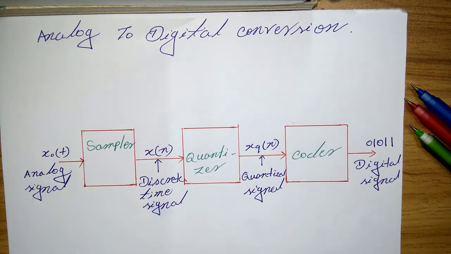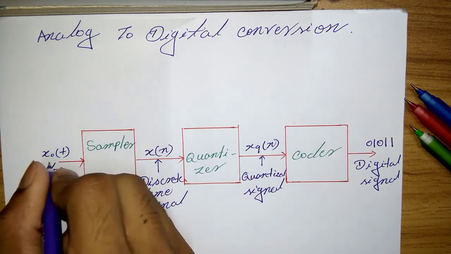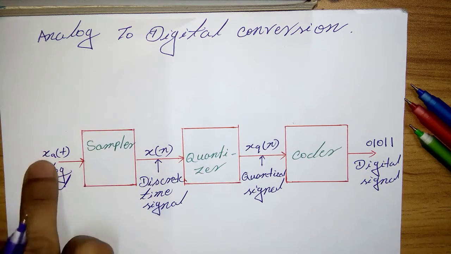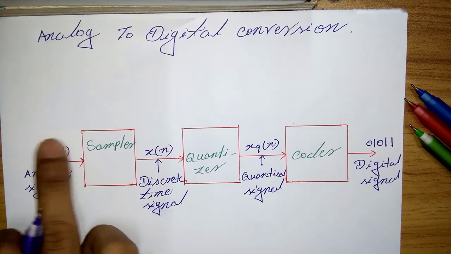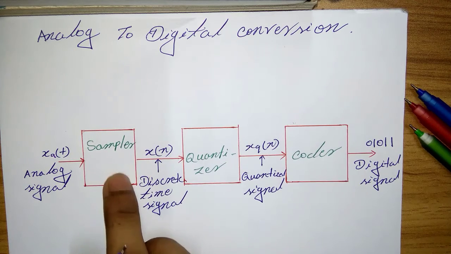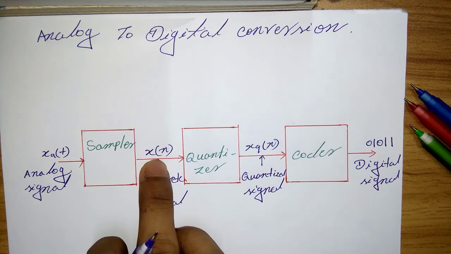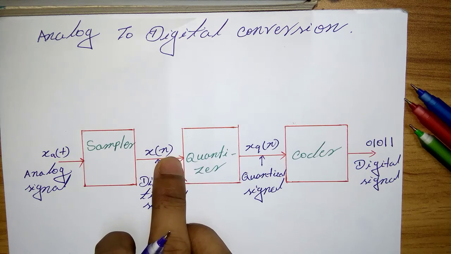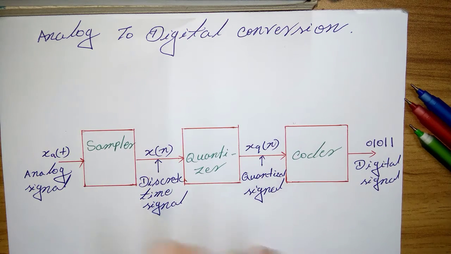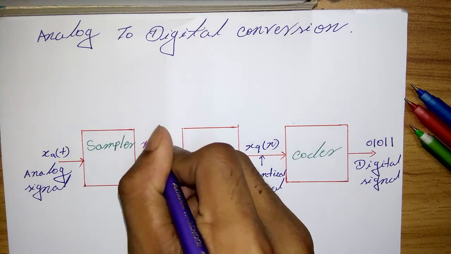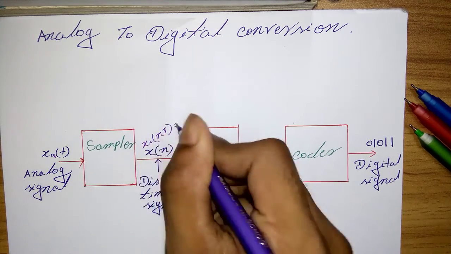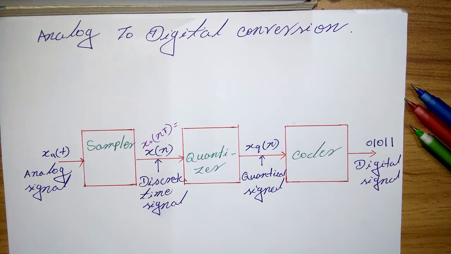Thus, if xa(t) is the input of the sampler, the output is x(n), or xa(nT), so x(n) equals xa(nT), where T is called the sampling interval.